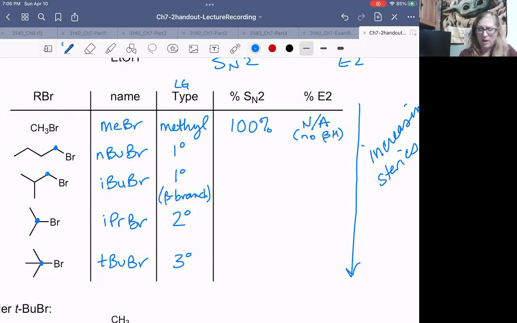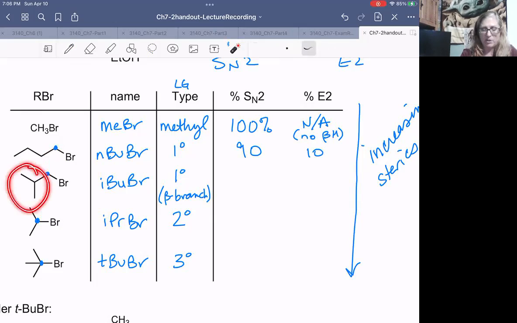Okay, but when we get to primary, we can have both substitution and elimination. But because it's primary and there's no sterics, we get primarily Sn2, the majority, maybe 90-10. So some elimination happens where you get the double bond, but primarily you get Sn2.